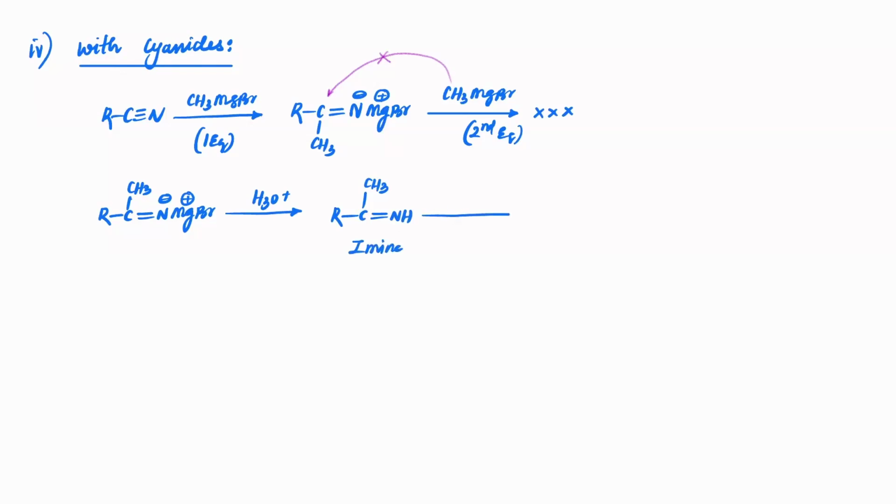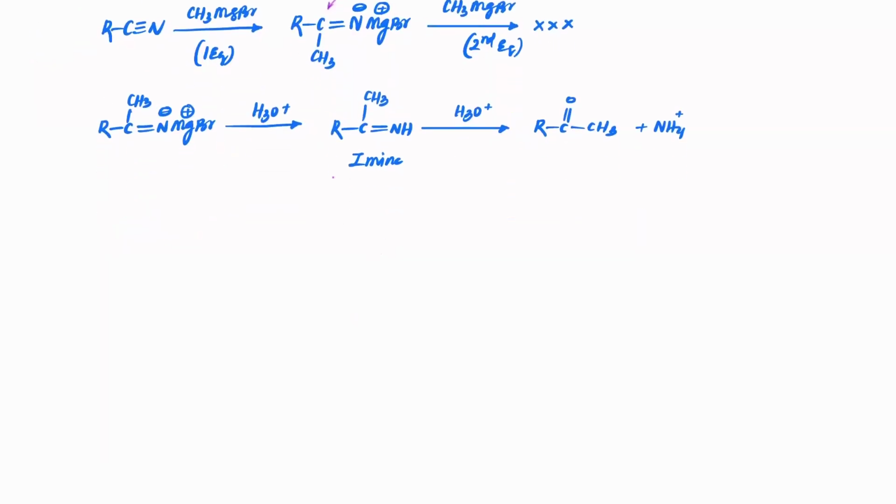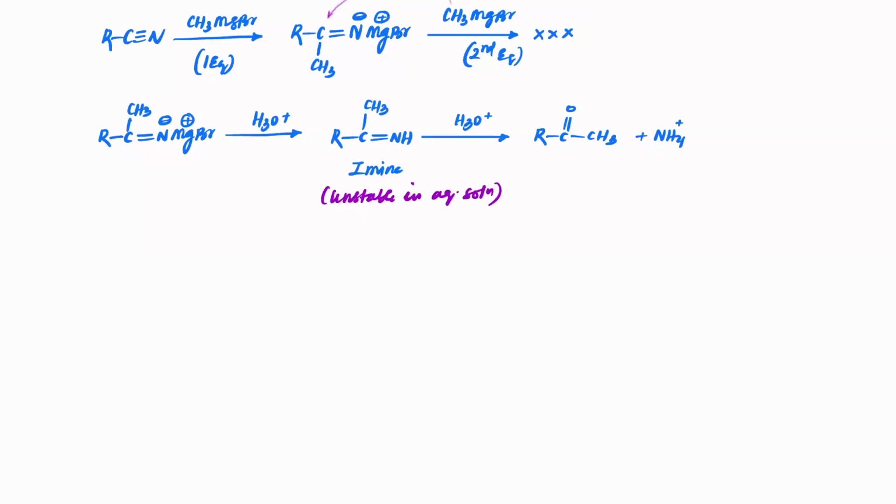And imines are highly unstable in aqueous solutions, especially acidic aqueous solutions. They'll convert into the keto form and nitrogen ends up forming NH4 plus. So that's why it will end up forming a ketone again.